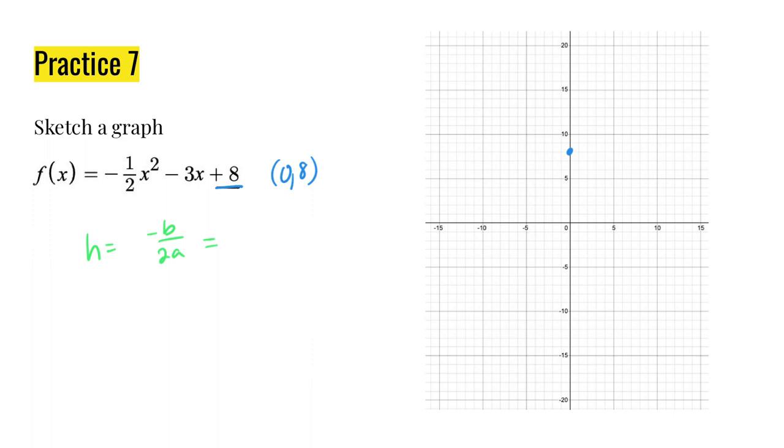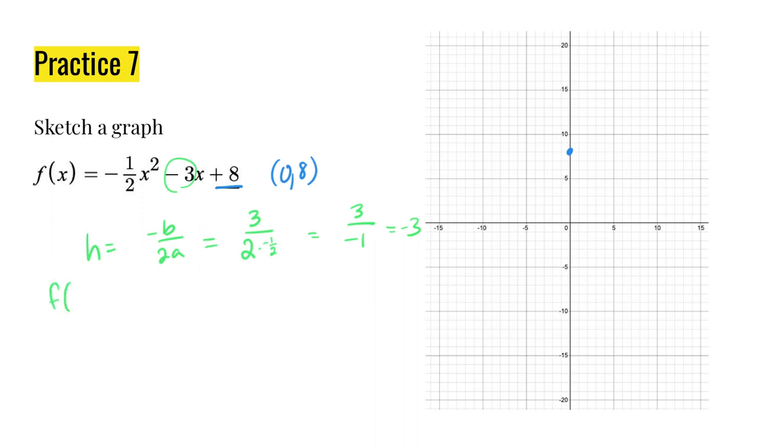So negative b over 2a, so b is negative 3. So I'm going to do positive 3 over 2 times negative 1/2. So this is going to be 3 over negative 1, and I get negative 3. That means my h value is negative 3.